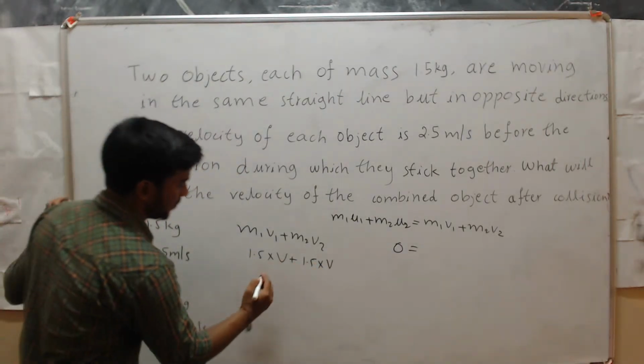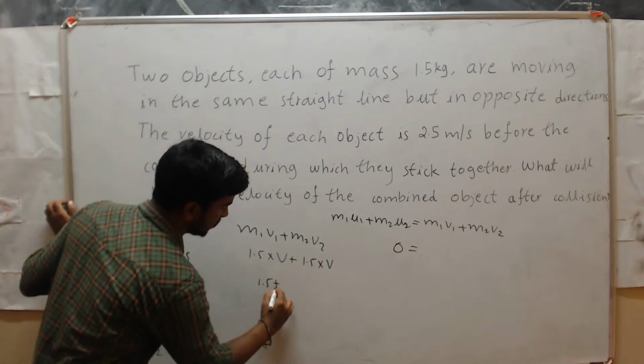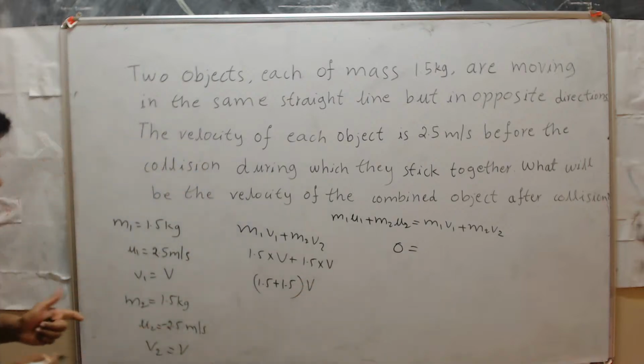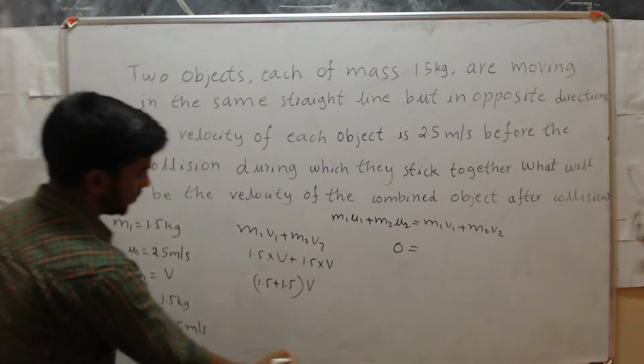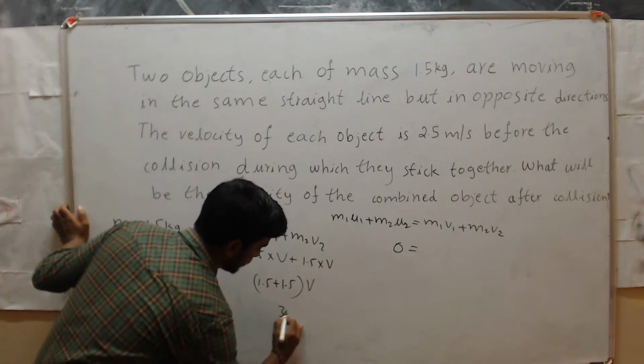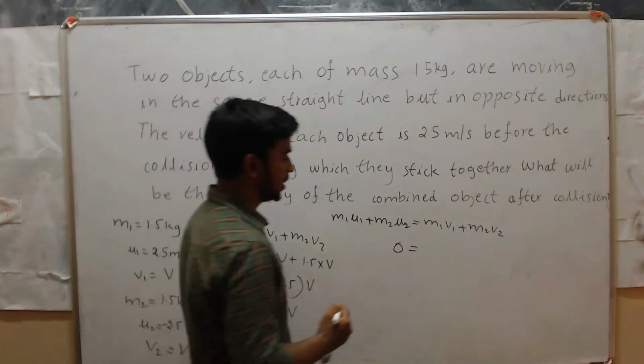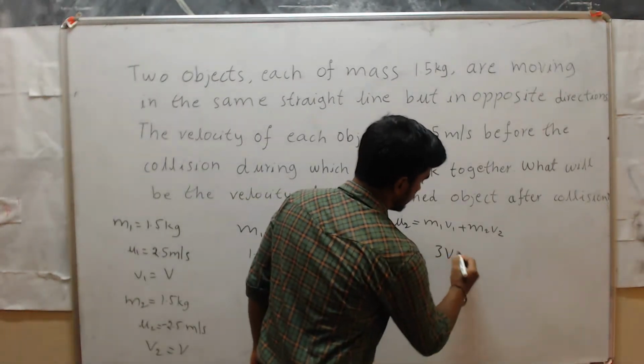So take v outside, that is 1.5 plus 1.5 into v. What is the answer? 1.5 plus 1.5 is 3v, right? Substitute here. So the final momentum we got is 3v.